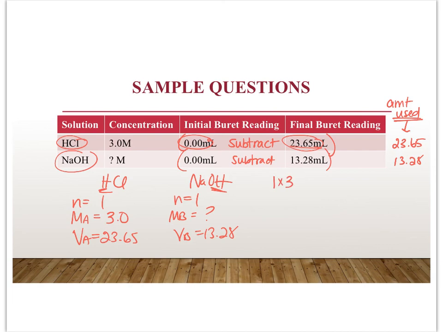So 1 times 3 times 23.65 equals 1 times x times 13.28. And this is 70.95. Divide by 13.28 on each side, and that's equal to about 5.3 molar.